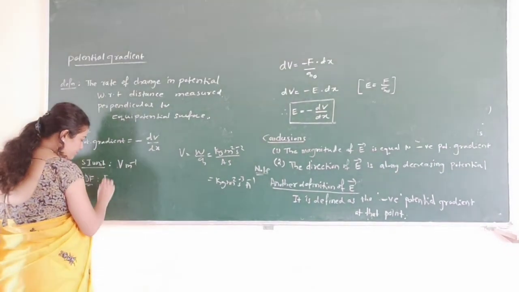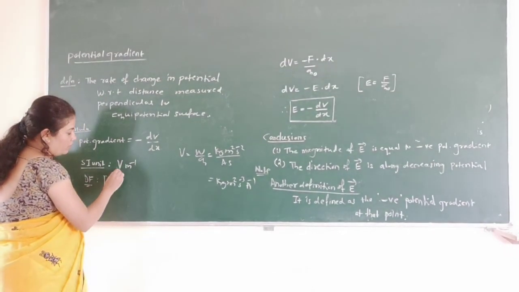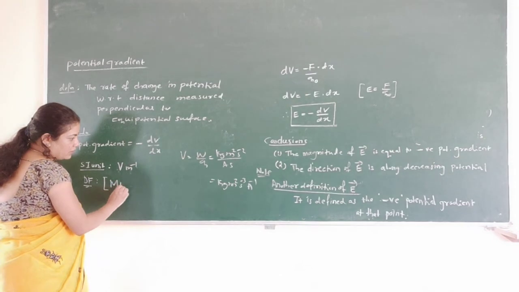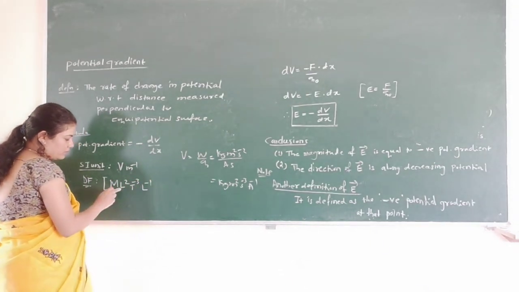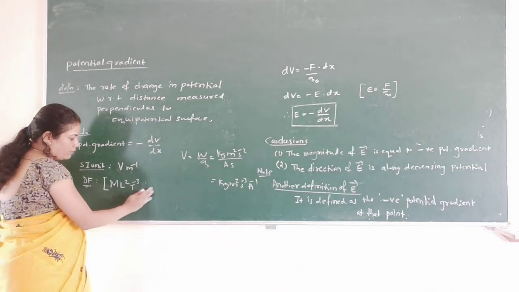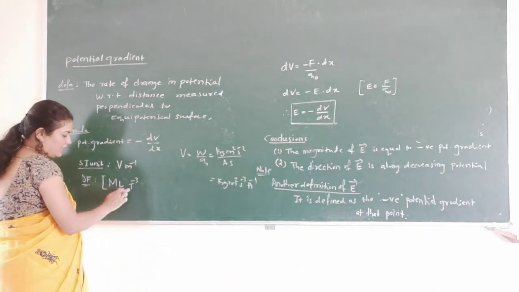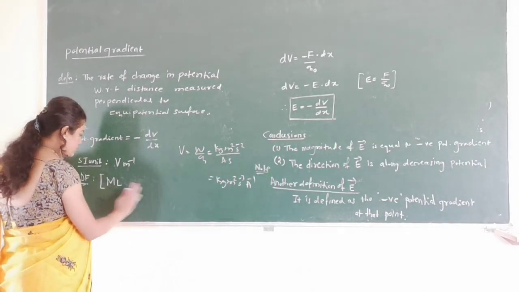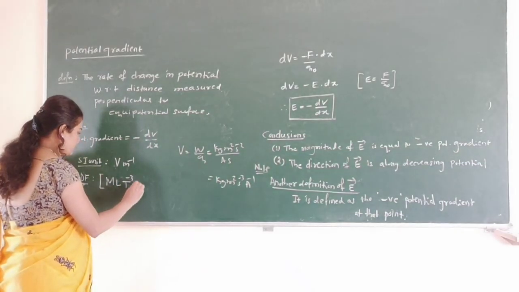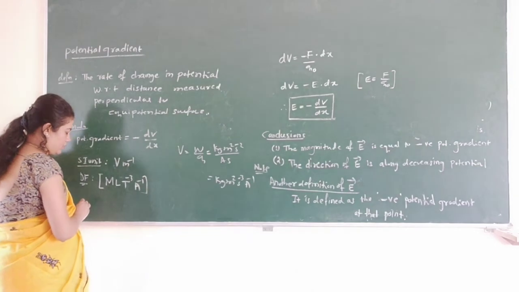So V equal to kg L square T raised to minus 3 A raised to minus 1, L raised to minus 1. So 2 minus 1 will be 1. M L T raised to minus 3 A raised to minus 1. This is the dimensional formula.